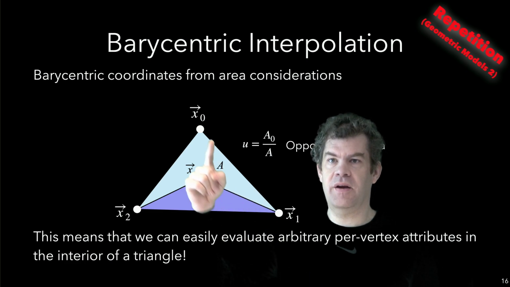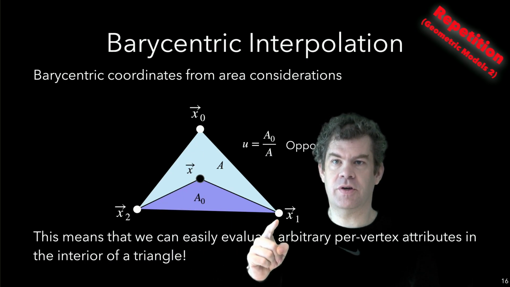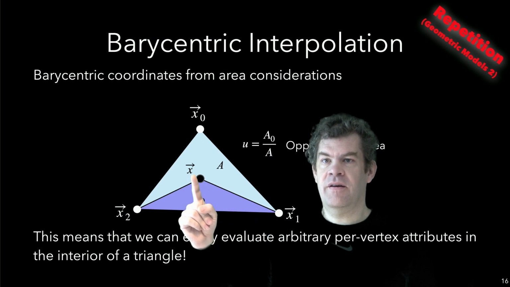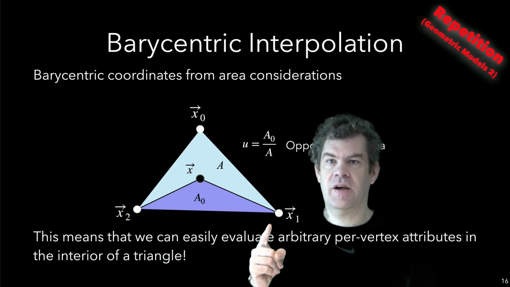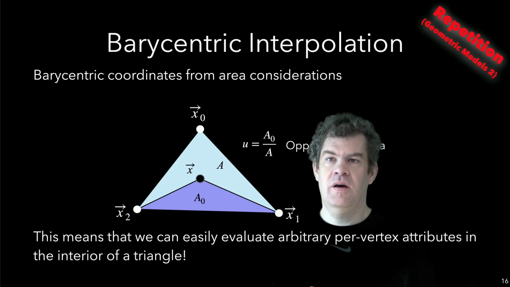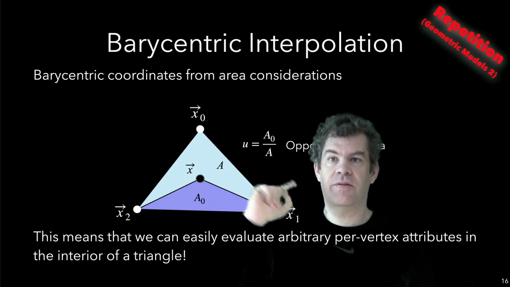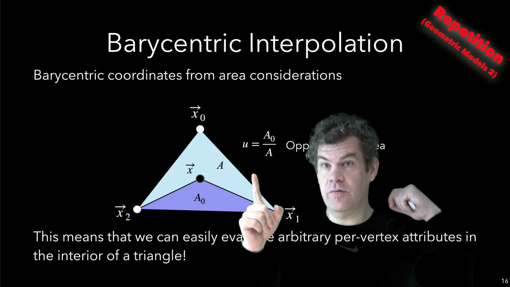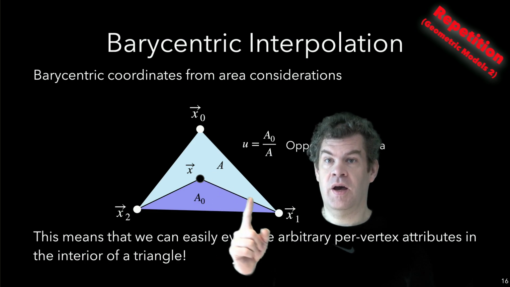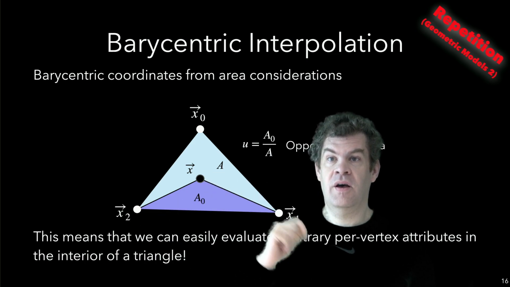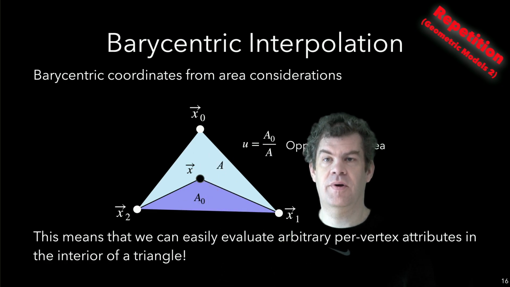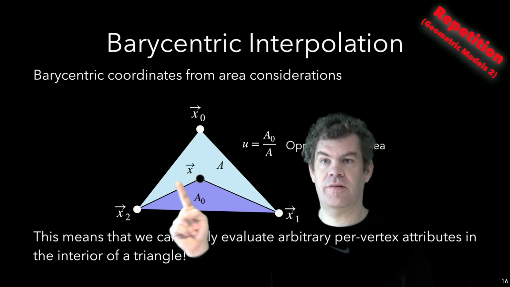One is the area of the triangle itself, which I call A. The other is the area of a subtriangle, constructed out of the 2 other vertices, not the one whose value I'm currently computing, together with the point in question, the one in the center here. That also makes up a triangle.